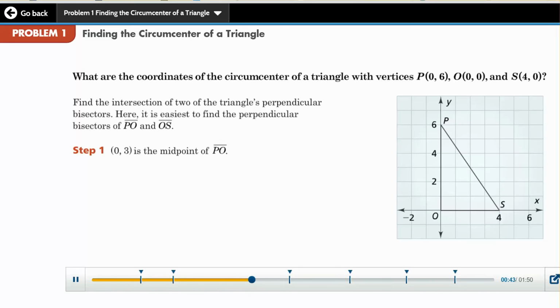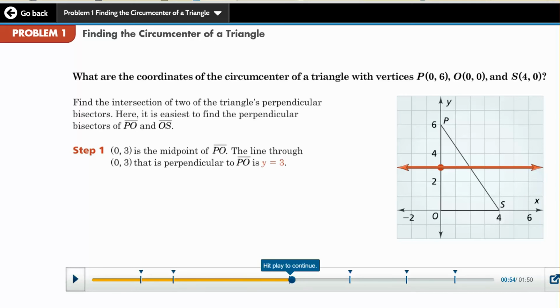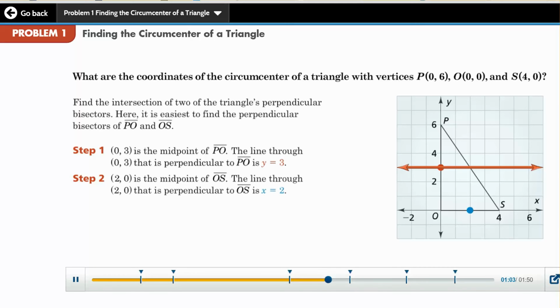Point 0, 3 is the midpoint of segment PO. The line through point 0, 3 that is perpendicular to segment PO is y equals 3. Step 2. Point 2, 0 is the midpoint of segment OS. The line through point 2, 0 that is perpendicular to segment OS is x equals 2.